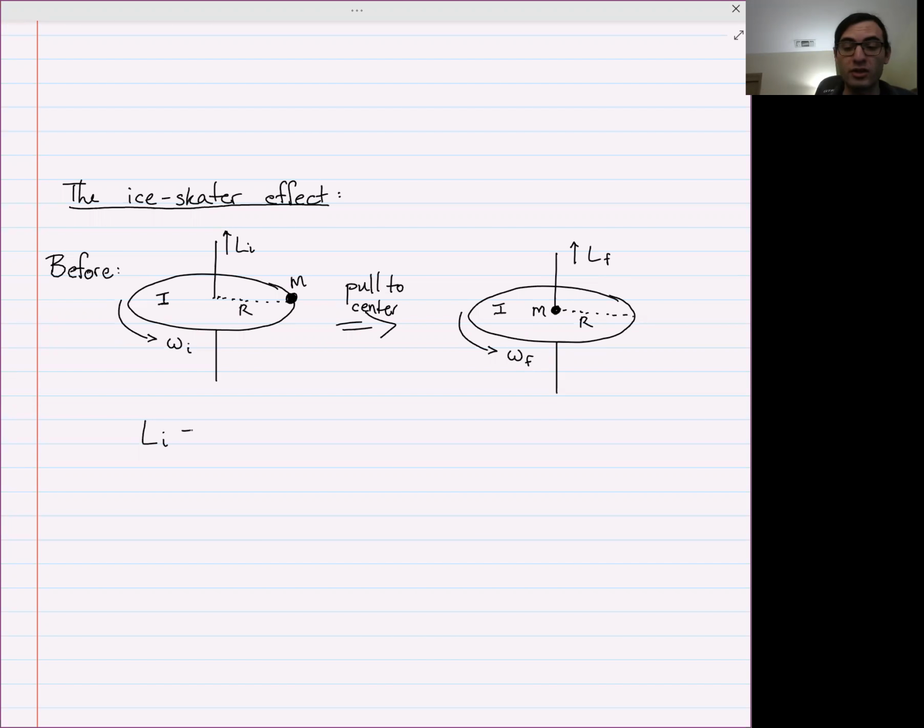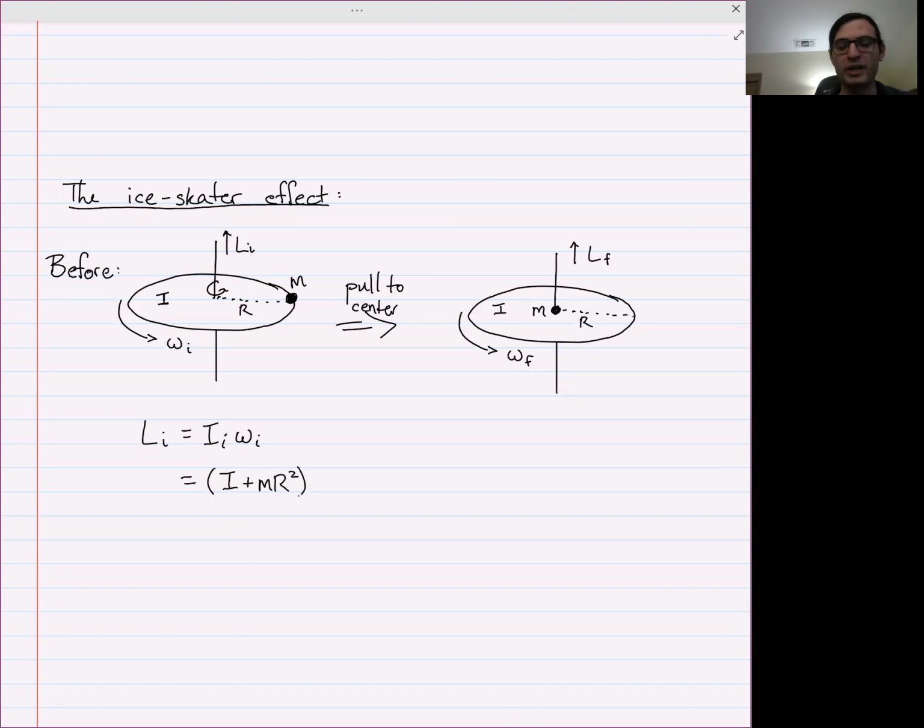Right, so the initial angular momentum would be the initial moment of inertia of the whole system times the angular velocity of the whole system. It's all rotating as one body. So that means that we can just combine it into a total moment of inertia and a total angular velocity. Now, the moment of inertia of the whole system about this central axis would be the moment of inertia of the disk about that central axis plus mr squared.